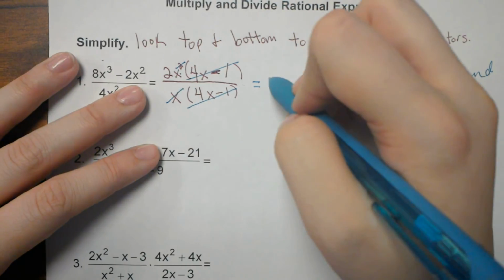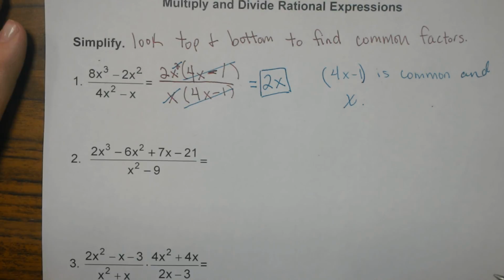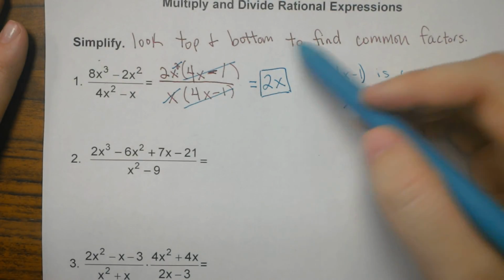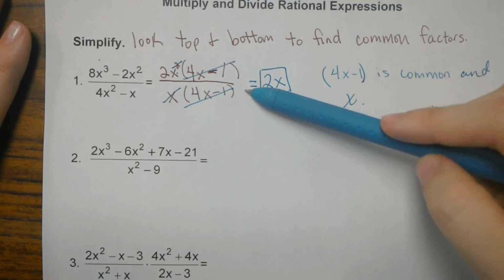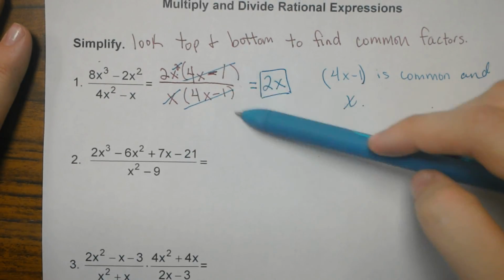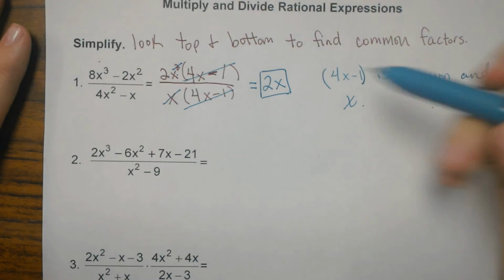So that leaves me 2x. So we're not always going to be this fortunate that the numerator or the denominator just cancels, just goes away, and we don't have a fraction anymore. We just have 2x. There's just a single term.